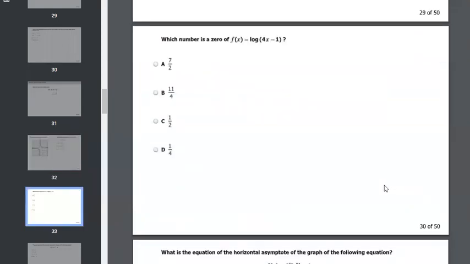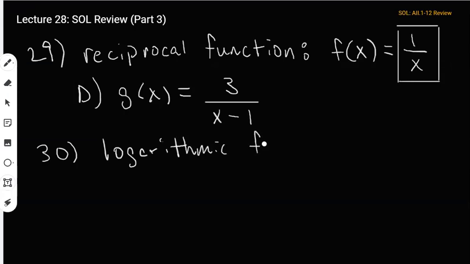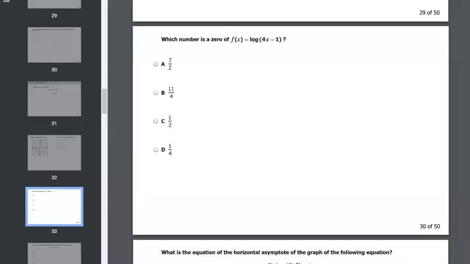Okay, moving on down to 30. We have a log function. So let's go ahead and write that down. We have a logarithmic function. And what is it called?